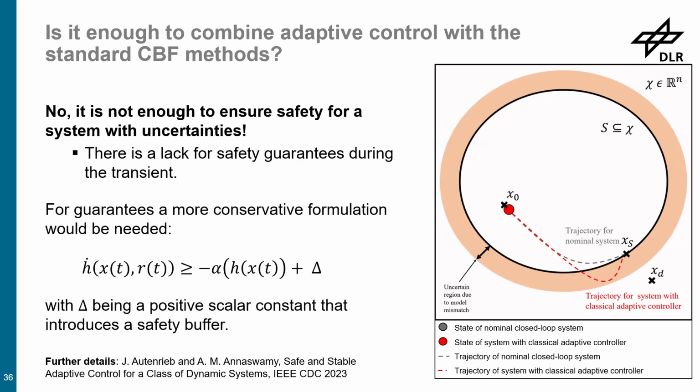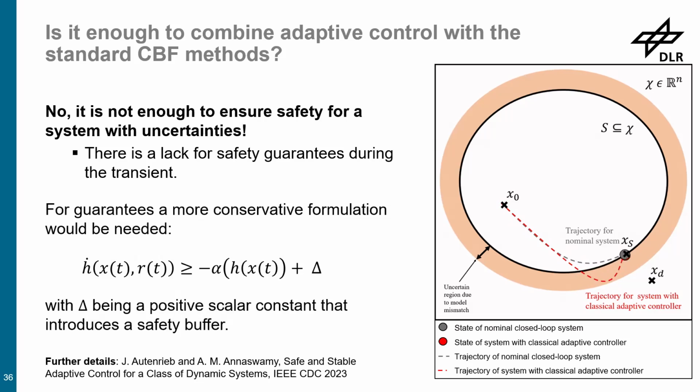And what you can do, it's a very simple approach. You can just tighten your safety set, right? You can just say, okay, if I know, in a hand wavy way, if I know I have this peak that gets out of my safe set, I'll just place a safety buffer right here and make sure that this peak will happen inside of the safe set, right?